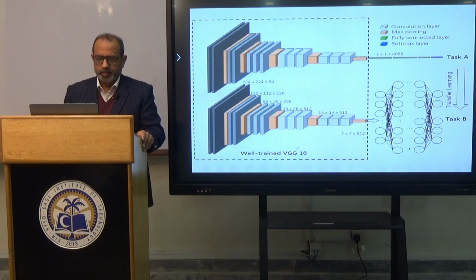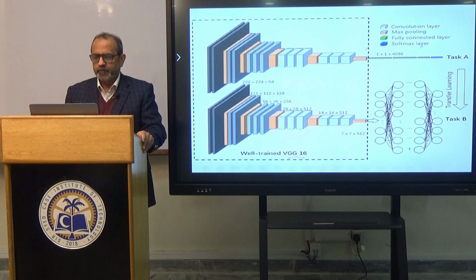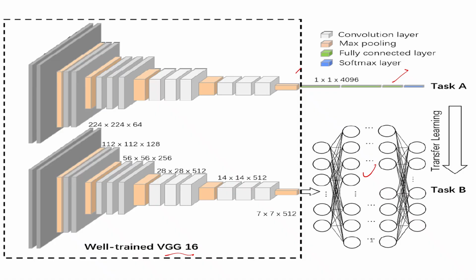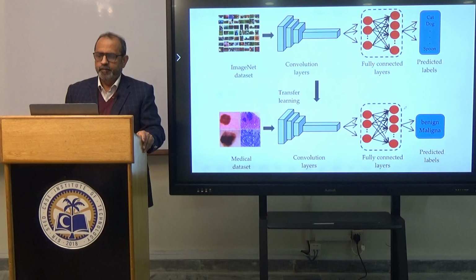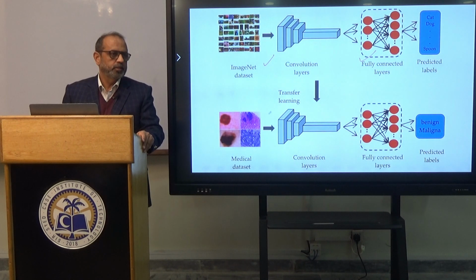So for example, here VGG16 is used for the ImageNet, and then it is used to do something else for the training data. Okay, so this is for the ImageNet, and this is a fully connected layer, and this is for detecting skin cancer.